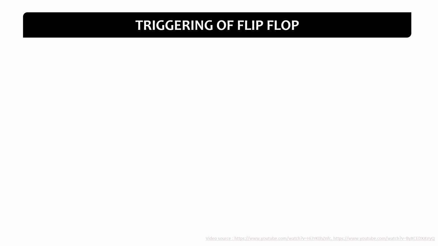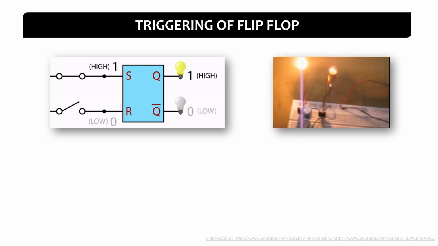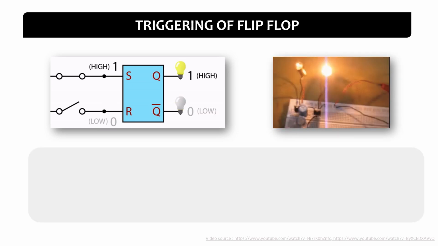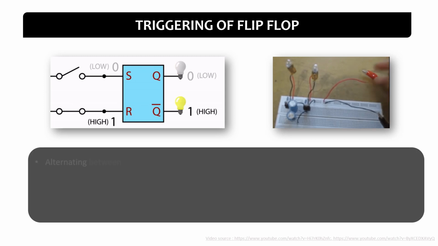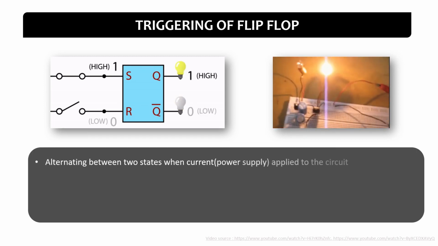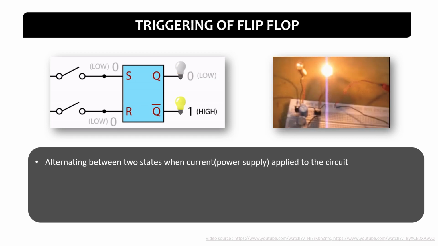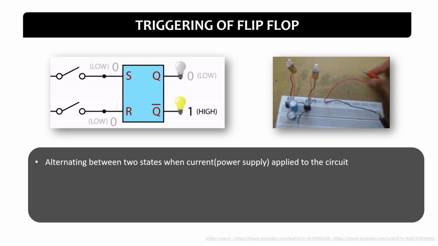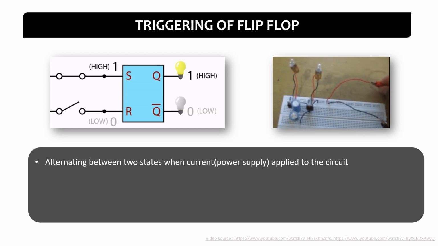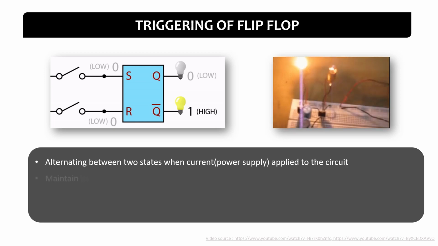Now the question is how to trigger the flip-flop, right? Because to change the state we need some trigger. So basically, to trigger the flip-flop, or to alternate between the two states, we need to apply the current or a power supply. So when we apply the current to the system, it changes its state, right?